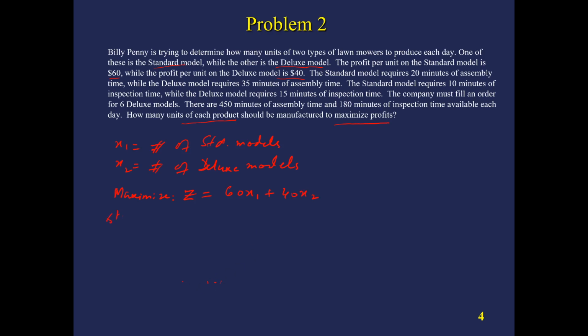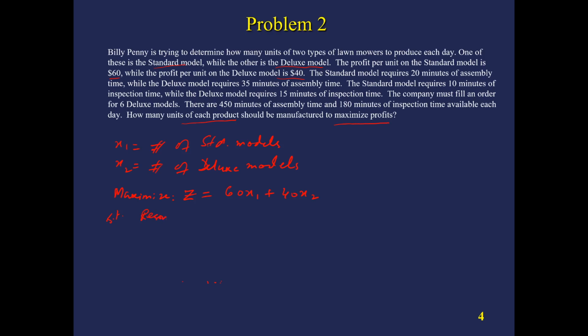Subject to, we can see that there are 3 constraints here. The first one is the assembly, and another is the inspection. So we can make a table if you like.